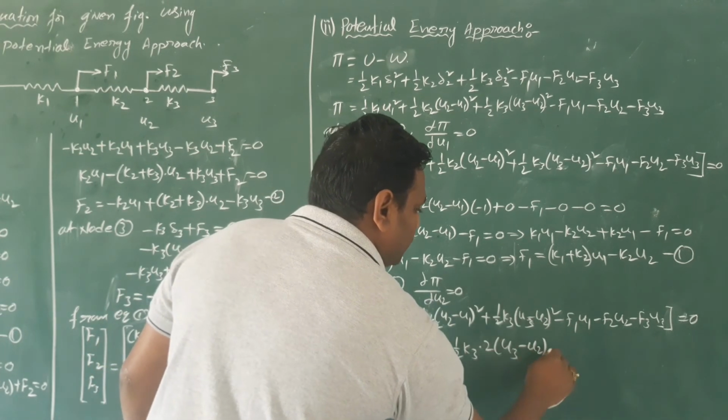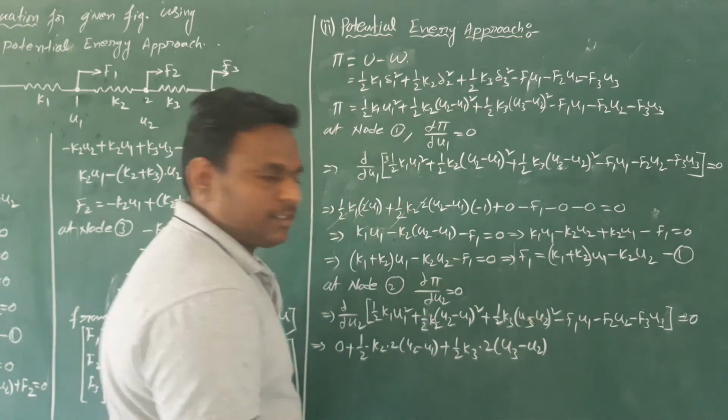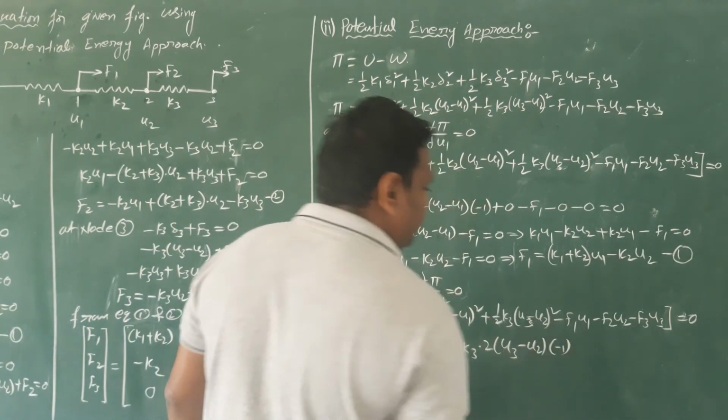Here minus U2 is there, differentiation is minus 1, that's why I have written here minus 1.